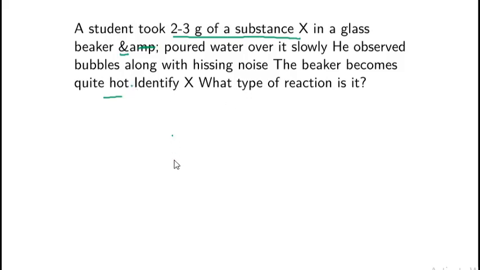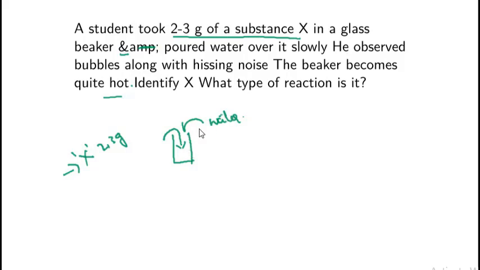So they are saying that a certain substance is taken. We call that substance X. How much have we taken? 2 to 3 grams of the substance, and we have added it in a beaker, and after that we have poured some water in it slowly, okay. So what we are going to see, he observed bubbles along with hissing noise.